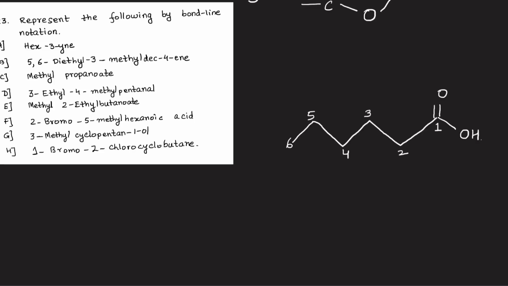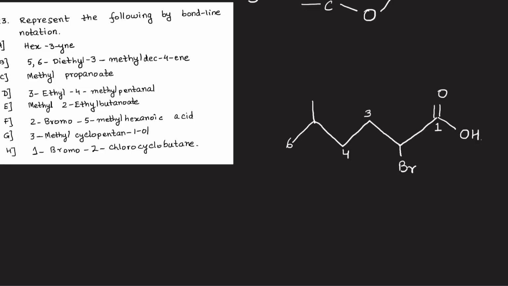At the second position, I have a bromine. So 2-bromo, 5-methyl. That means at the fifth position, I have a methyl group. How do I represent it? Yes, simply by a straight line. Got it right? You could do both ways.